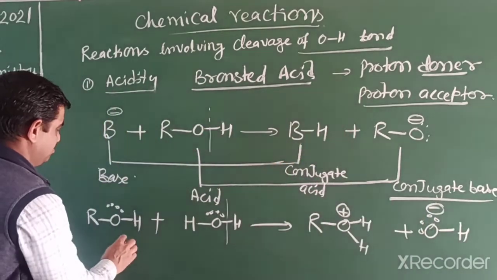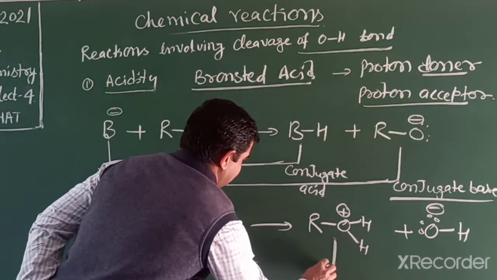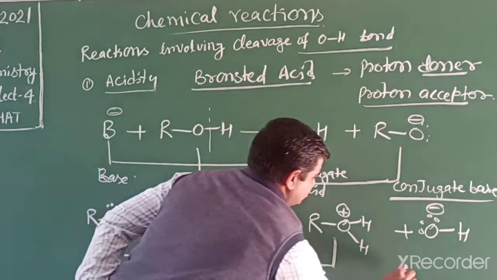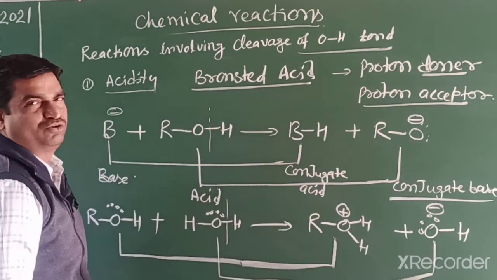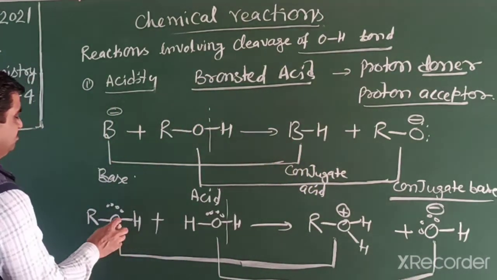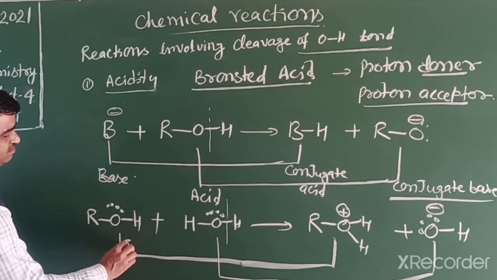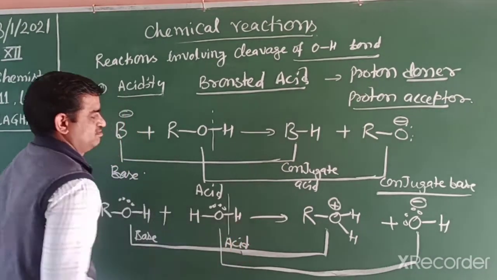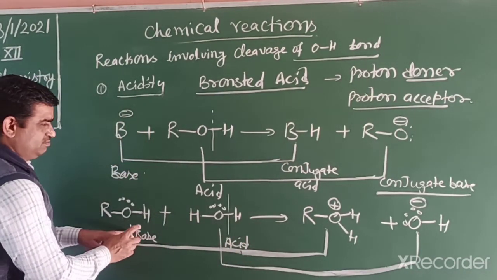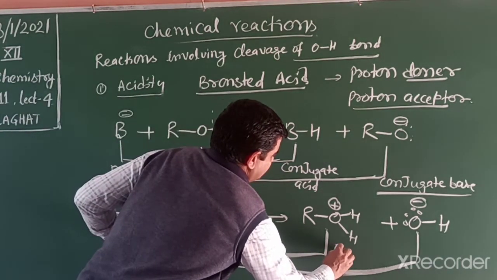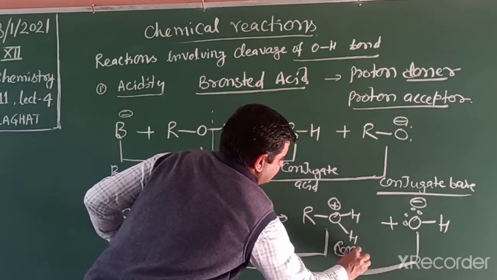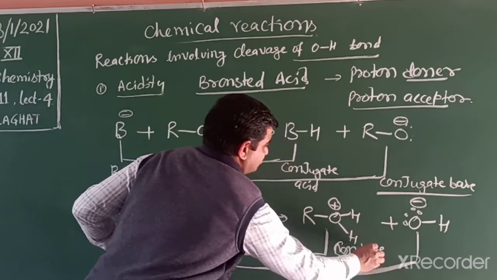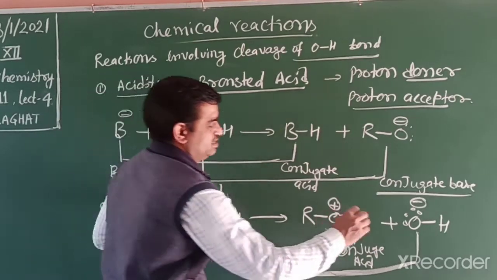So this ROH is one pair, and the other is water and OH minus. This is a conjugate acid base pair. So in this, alcohol behaves as a base and water behaves as an acid. Further, this is the base, so this acts as its conjugate acid. And if this is the acid, that is the conjugate base.